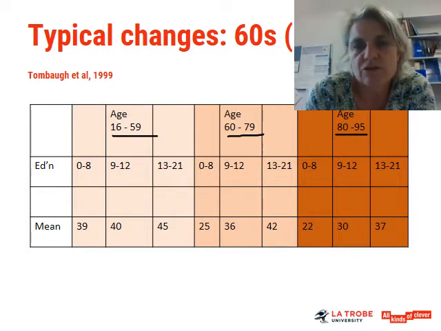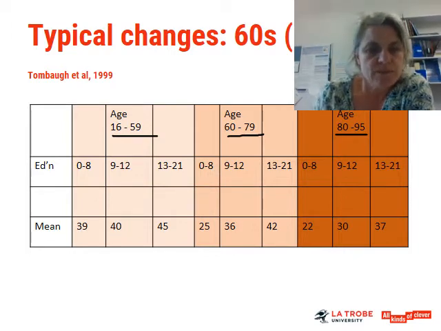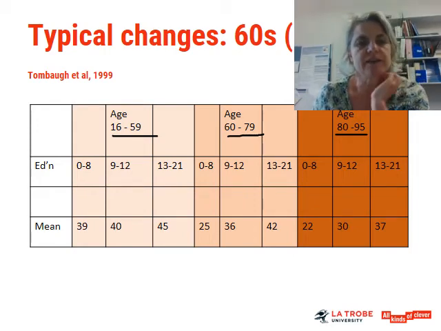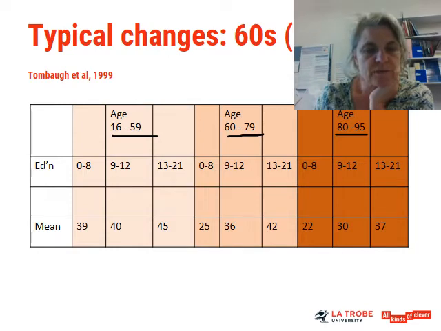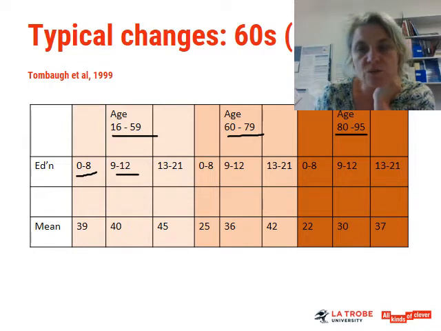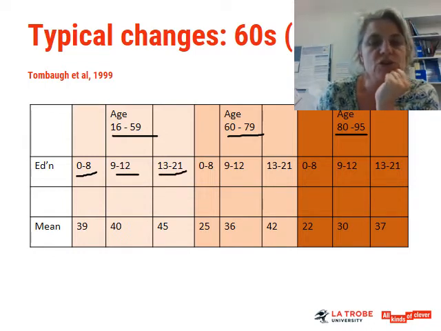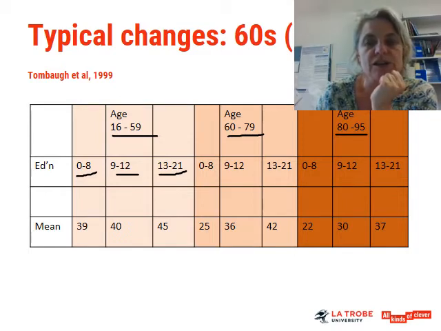But what they also did was break up these groups on the basis of how many years of education they'd had. So, for example, in this group of people between 16 and 59, some had only had 0 to 8 years of education, some had between 9 to 12 years, and some had between 13 to 21 years of education.